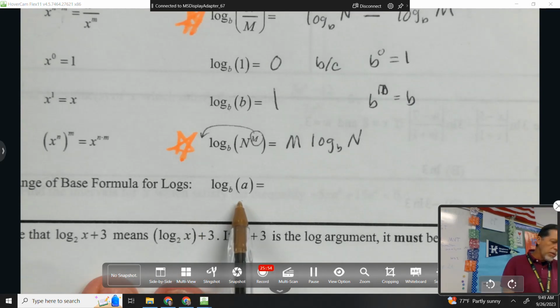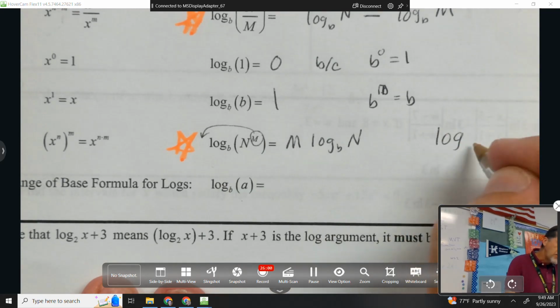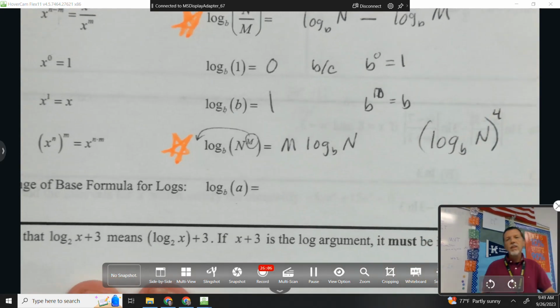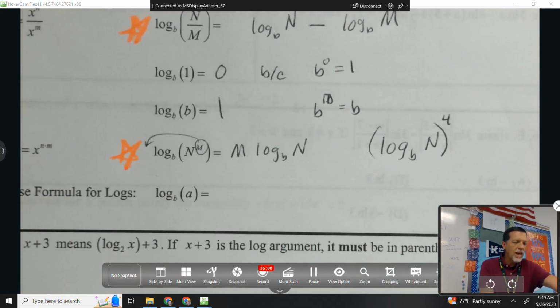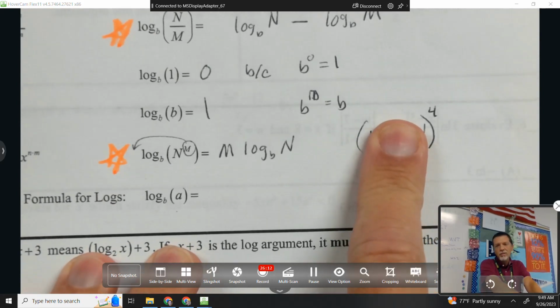Change of base formula. Hold on, let's back up to this, because we get confused. Log base b of n, if all of that is to the fourth, well, that 4 can't go in front, right? Because something to the fourth is not the same thing as multiplying by 4.